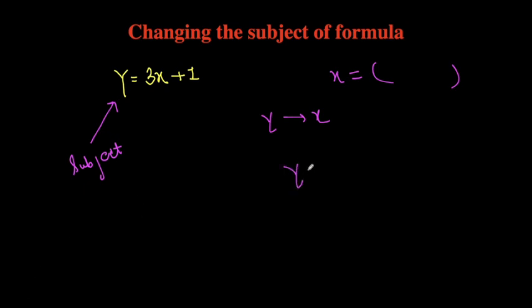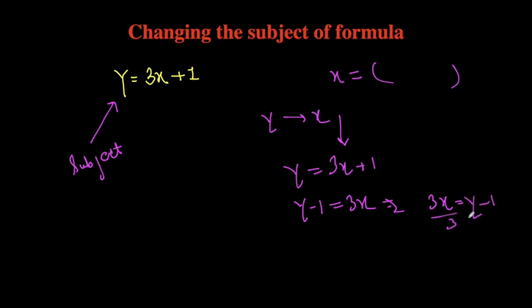The question is y is equal to 3x plus 1. Now if you want your subject as x, you have to do some manipulation and isolate this term. So how can I isolate 3x first? I can write y minus 1 is equal to 3x, which is the same as 3x is equal to y minus 1. Now you can divide both sides by 3.